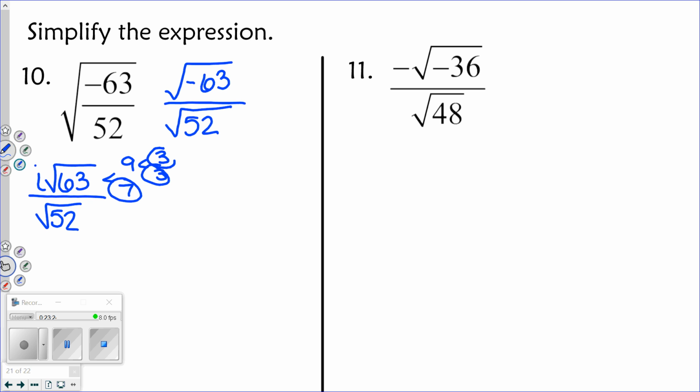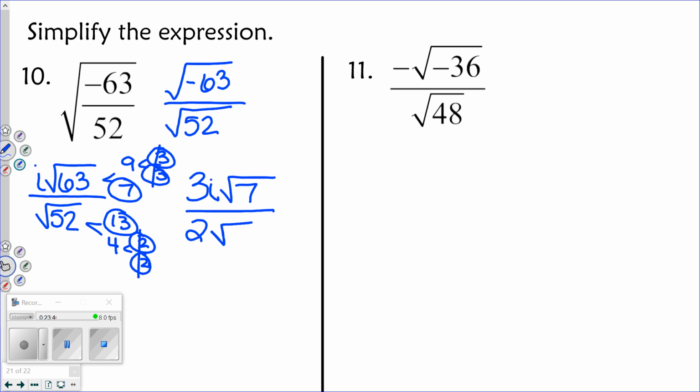Good. So we get a pair of 3s. We still have our i. And then you have a single 7. So we simplify the top. 13 and 4 on the bottom. 2. Good, so pair of 2s. Single 13.